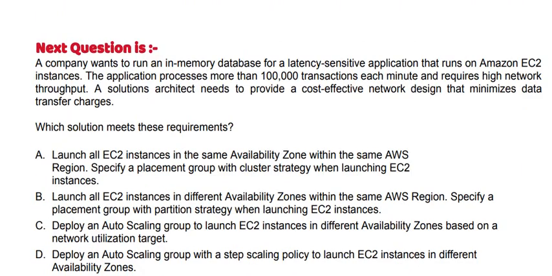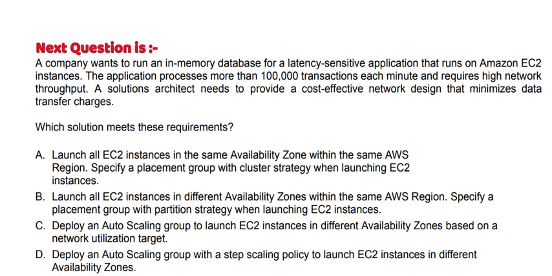Next question is: a company wants to run an in-memory database for a latency-sensitive application that runs on Amazon EC2 instances. The application processes more than a lakh transactions each minute and requires high network throughput.